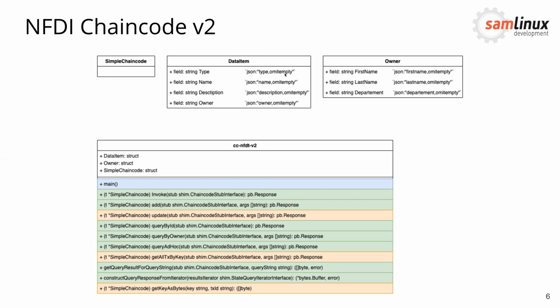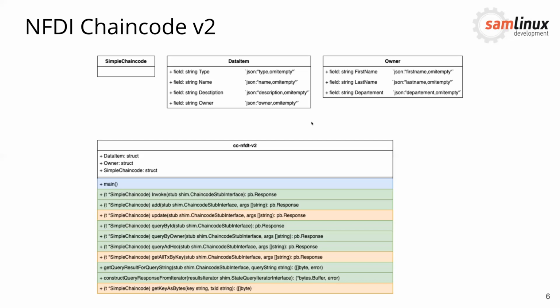With this extension, we can say, okay, when the imported JSON doesn't have the name as a property, then the data item will not have this name property. And when we don't use this, we will have this property name, but it's empty. So we have an empty property. With this, we can update only, for example, the name or the description.